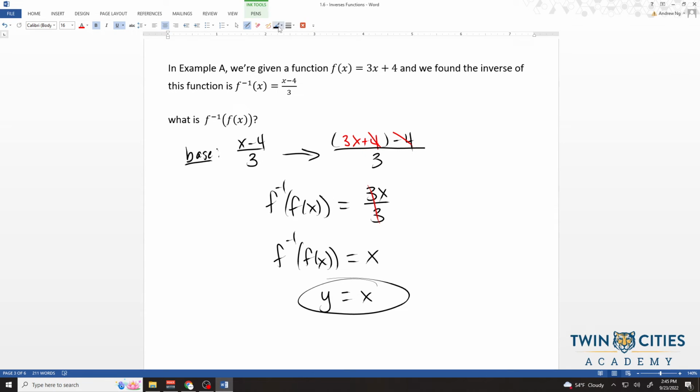In fact, anytime that you use function notation with a function and its inverse, you will always get x. When you plug in one function into another, if they are inverses, you will always get just x. If you get anything else, assuming that you've done it correctly, then they're not inverses.